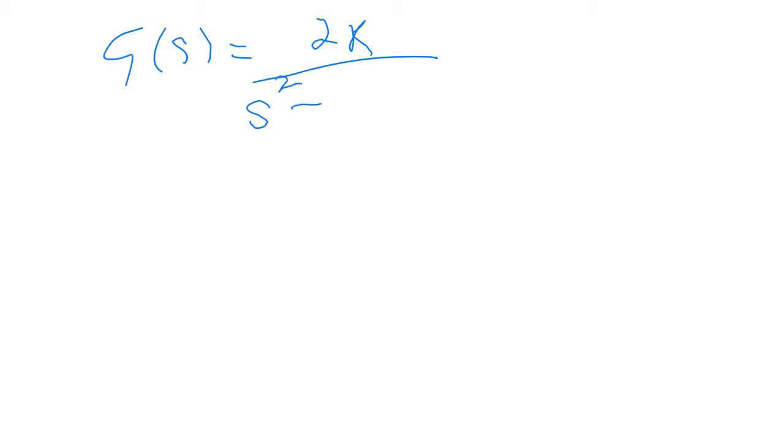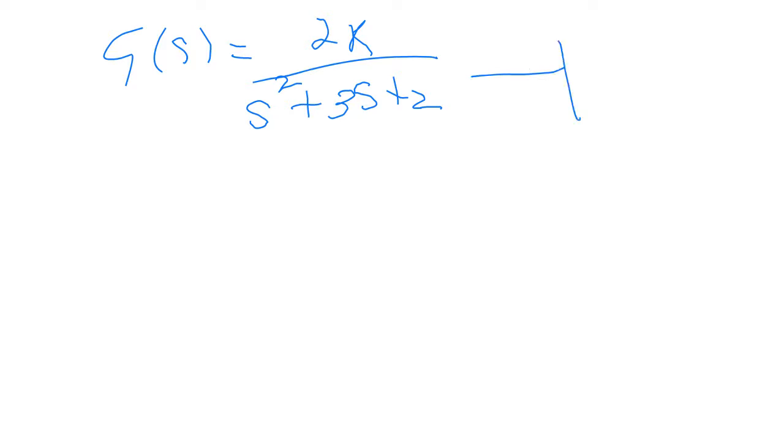So what we have here is G of s equals 2k over s squared plus 3s plus 2.